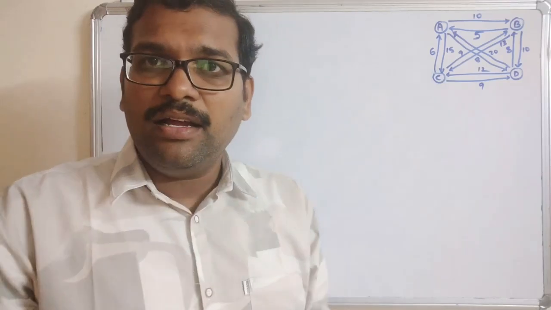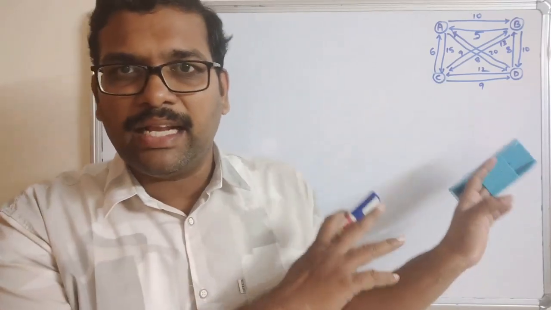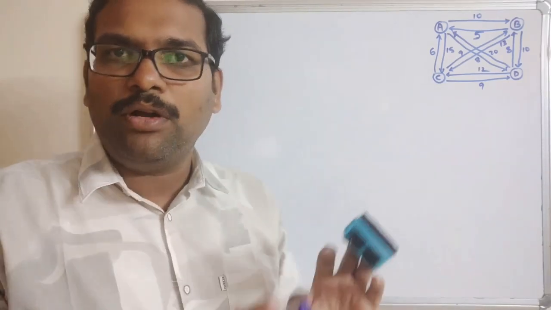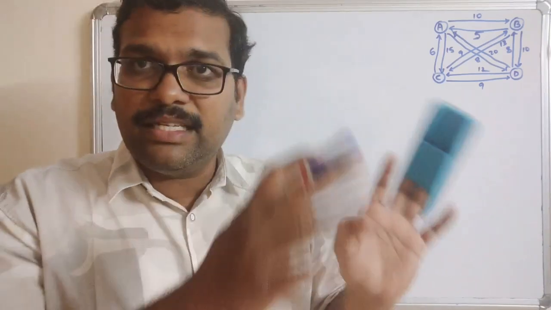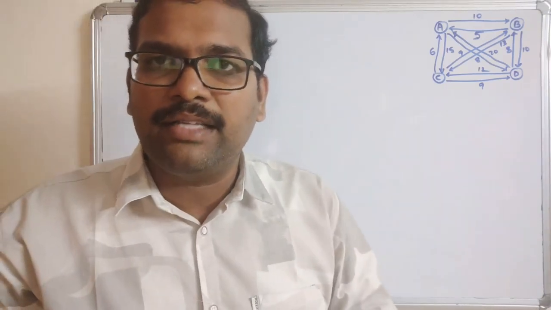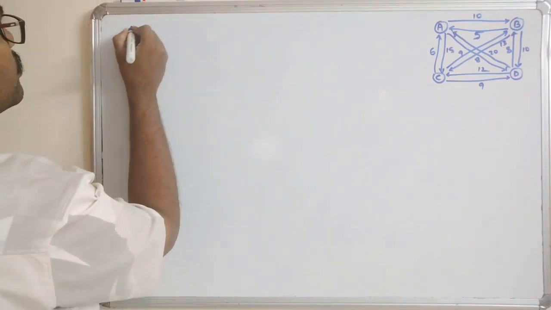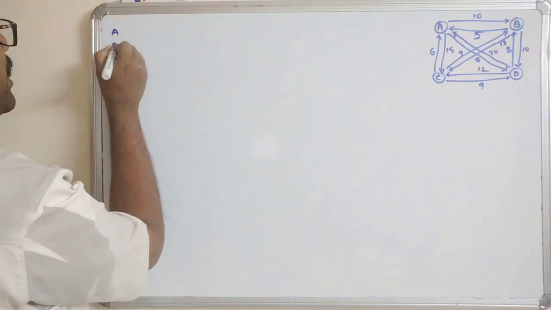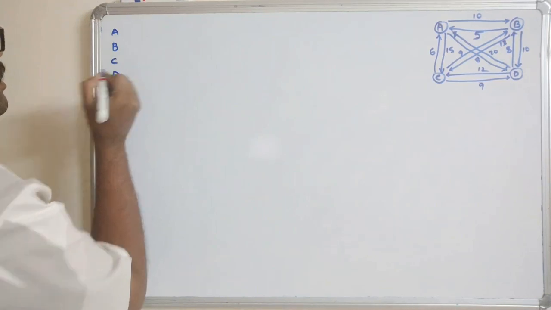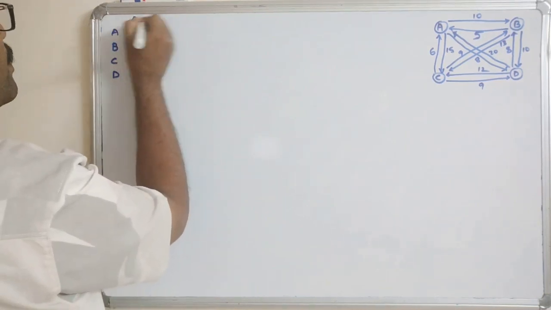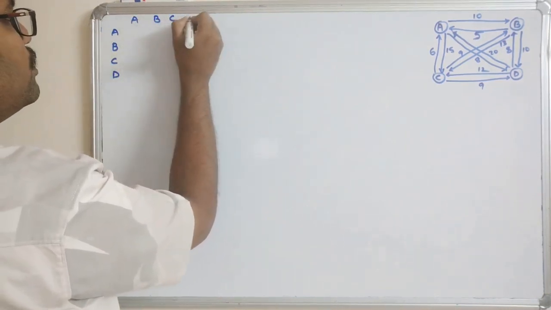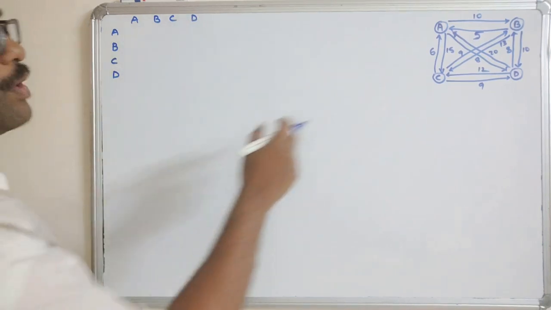First let us write the adjacency matrix, and I'll erase this because the board is very short. So A, B, C and D, 4 vertices. We'll write the cost from one vertex to another.